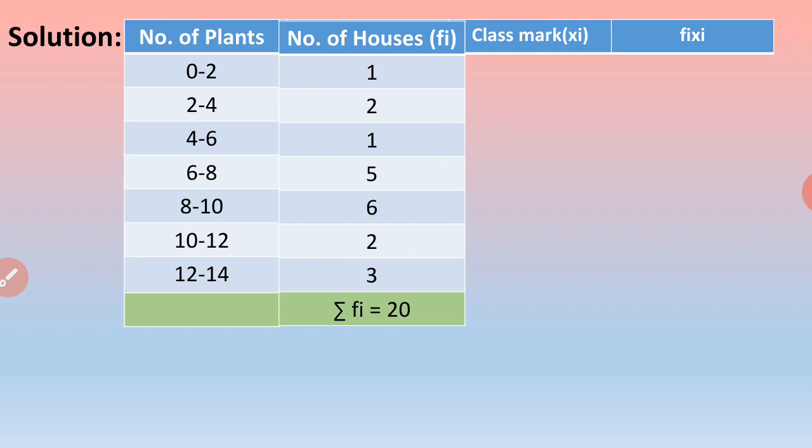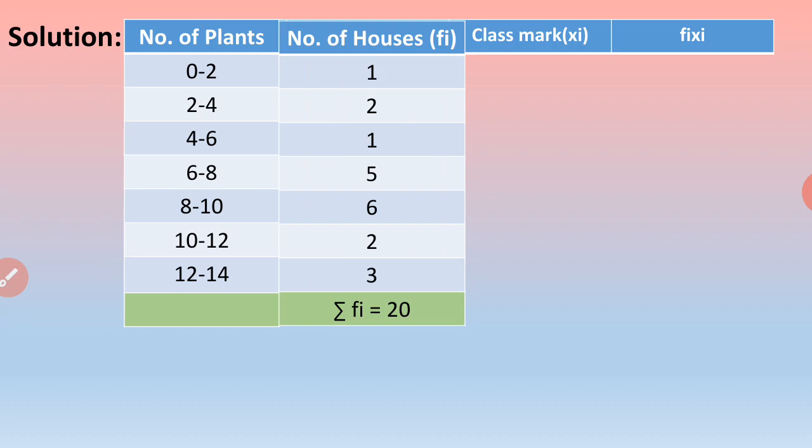This is also given to you. This is known as the frequency. Here we are supposed to find the total of the frequency, the sum of all the frequencies. When you add it, you will find that sigma fi, which is the representation of the sum of all the frequencies, is equal to 20.